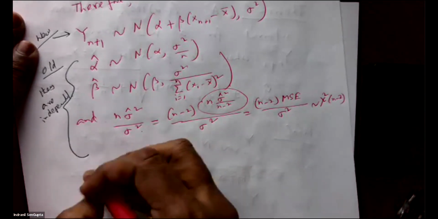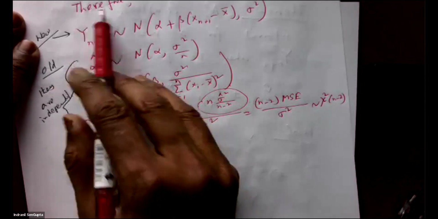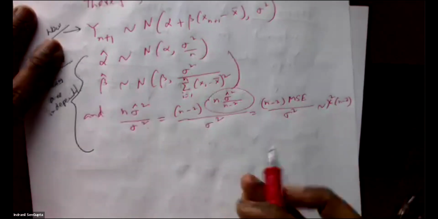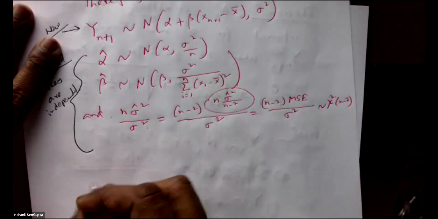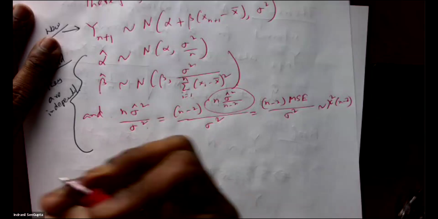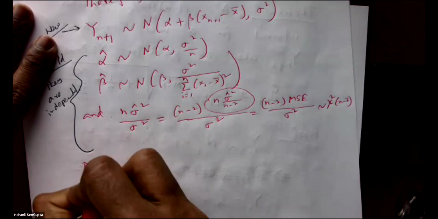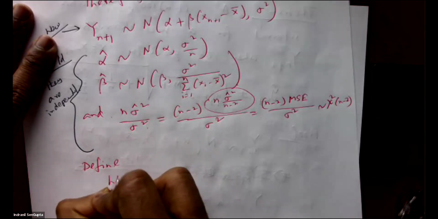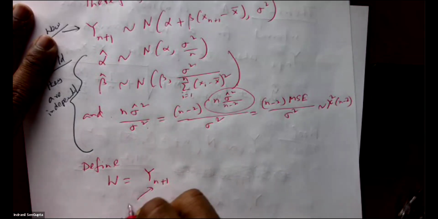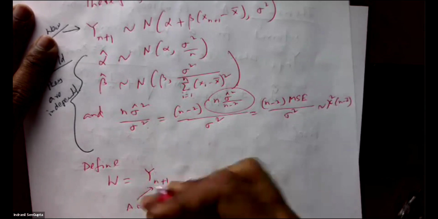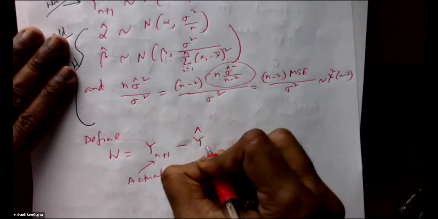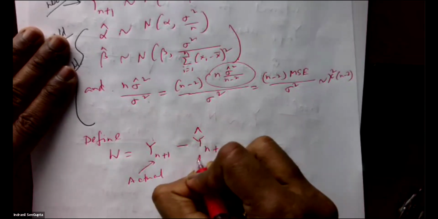Now this y of n plus 1 is the actual value we're hoping for at x of n plus 1. Let's define w, which is y of n plus 1, the actual value of this new observation, minus the predicted value.